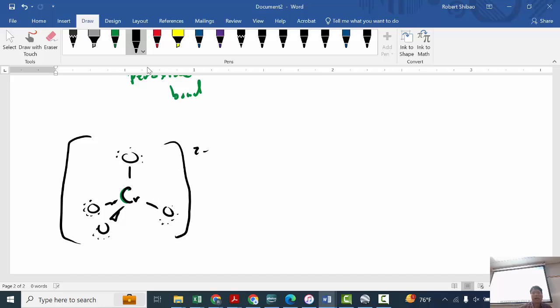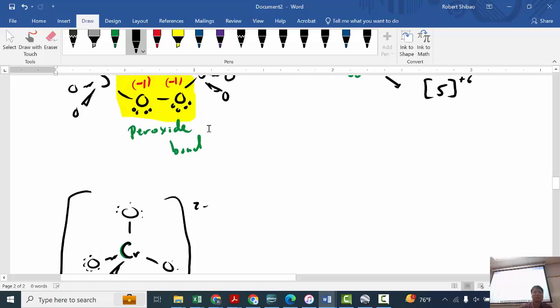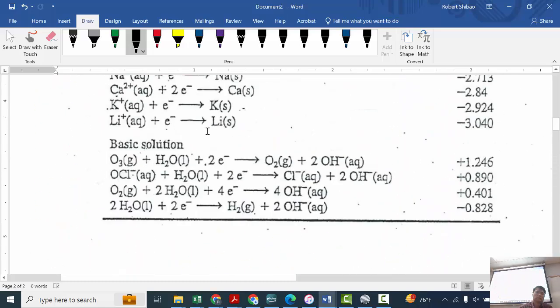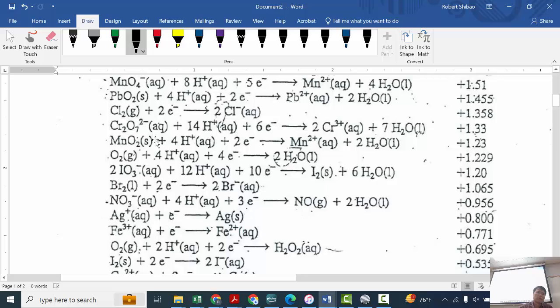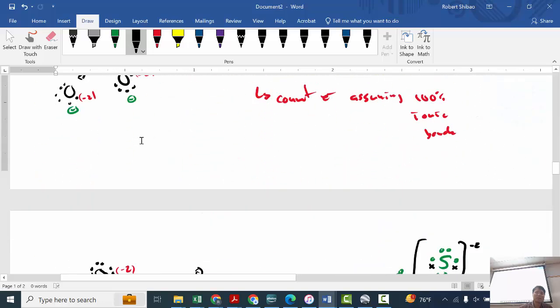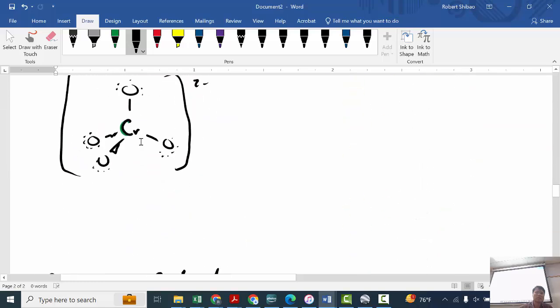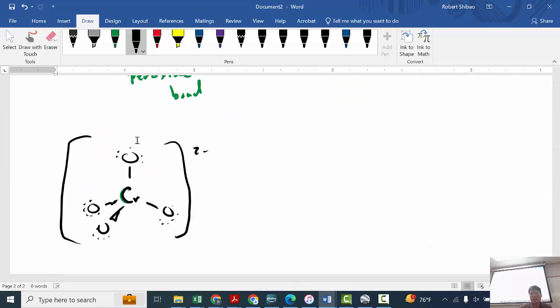Two minus. This one looks different. We don't call Cr2O7 2 minus chromate, we call it dichromate. But what's missing? If it's dichromate, something's missing. What's missing there? And what's missing is the peroxide link. So to form a more stable link here, we lose an oxygen.